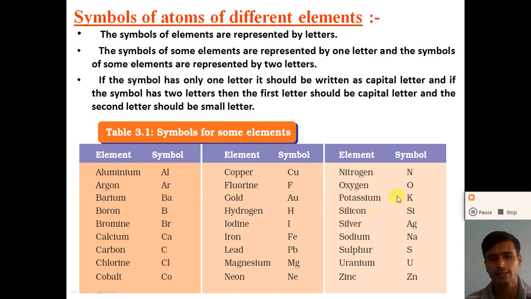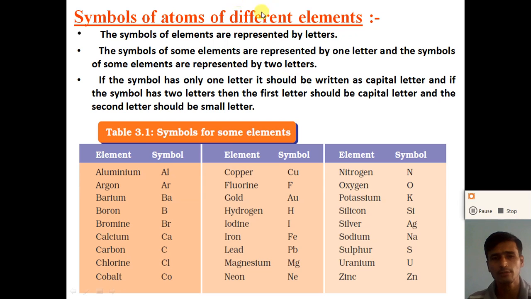So understand, dear students, you must remember all the symbols of the elements. We need to represent any element in its symbolic form, right? You should remember all the symbols of the atoms of the different elements, right?